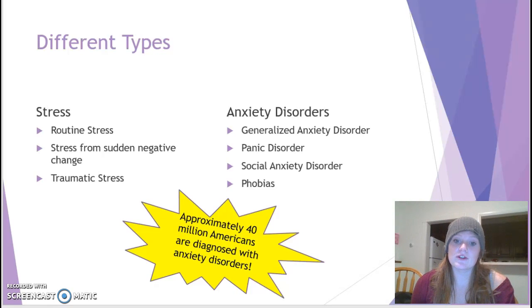Then we have social anxiety disorder, which is intense fear driven by social humiliation and irrational worry of saying something stupid or looking stupid, just intense fear of being judged by others. And there are phobias, which are intense irrational fears of certain objects, things, places, and triggers. And fun fact, approximately 40 million Americans are diagnosed with anxiety disorders.